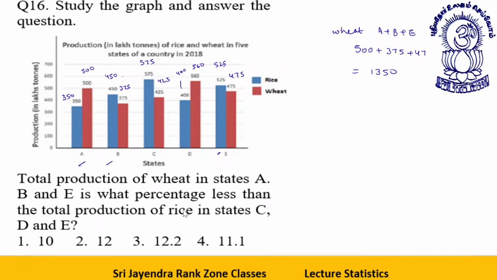Less than the total production of rice in state CDE. We require rice in C, D, and E. This one, blue one, C, D, and E require. We require this one. This is 575. This is 400. This is 525. This addition is easy. Rice in C, D, and E. Okay.